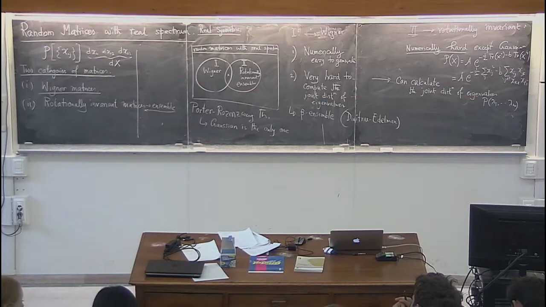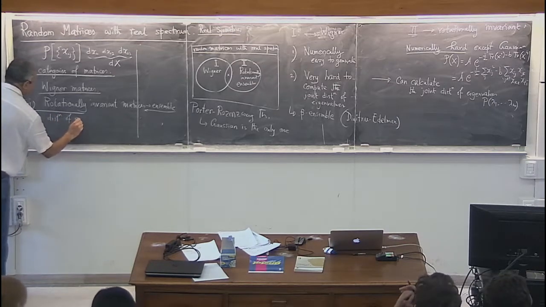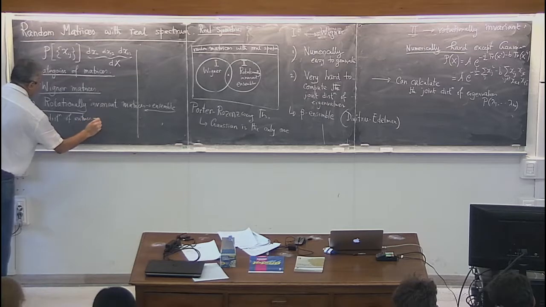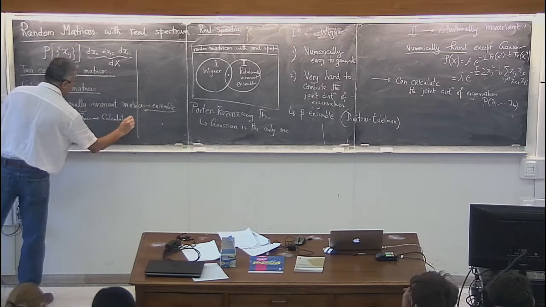in some sense, there are two problems in random matrix theory. One is that, given the joint distribution of entries, calculate the joint distribution of the eigenvalues.